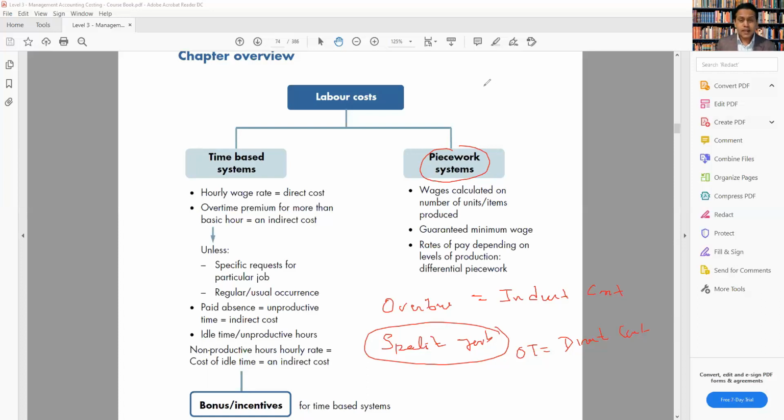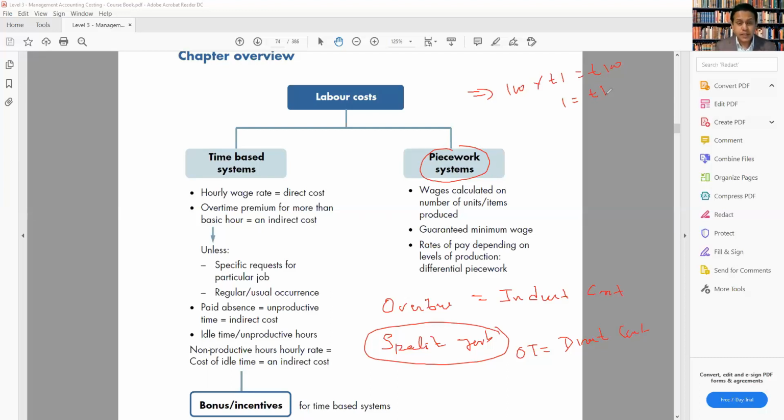So let's say in 1 hour, if you make 100 pens, for every pen you will get £1, so you will get £100. In 1 hour, if you make only one pen, then you will get £1. So it's all up to you how you want to use your hours. If you use your hours more efficiently, then you will get more money. So this is called the piecework system.